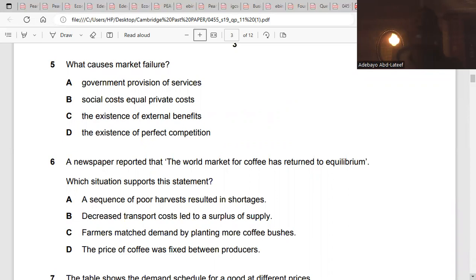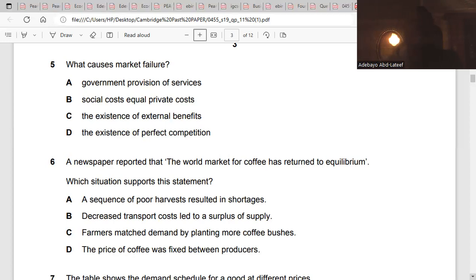The absence of external benefits, yes. Because if there's no external benefits, that is when we think about externalities. Externalities can be negative externalities or positive externalities. So whenever we talk about negative externalities, it's because we are unable to have positive externalities. Normally there should be what we call third-party benefits, which is the same as external benefits.